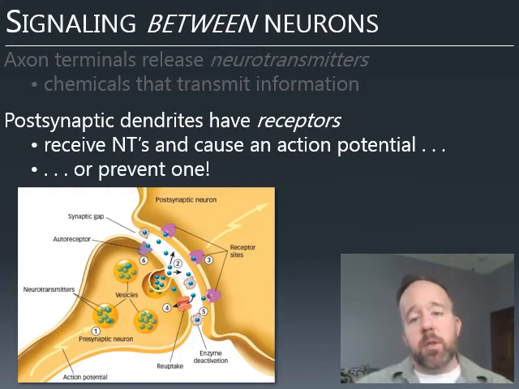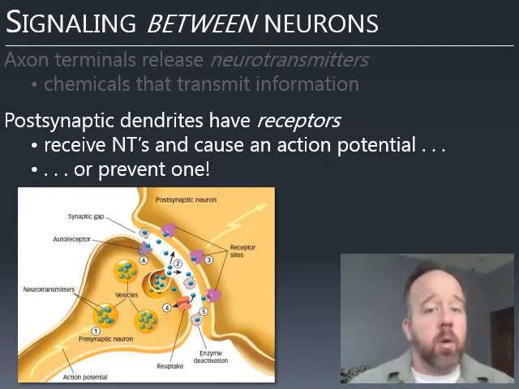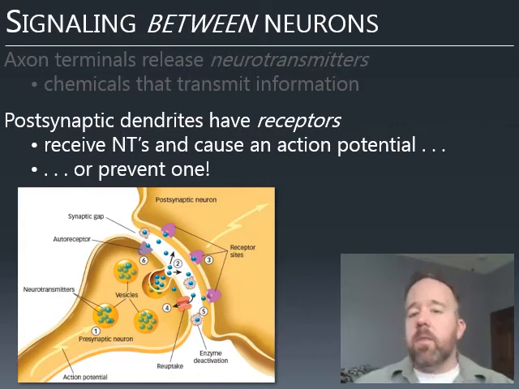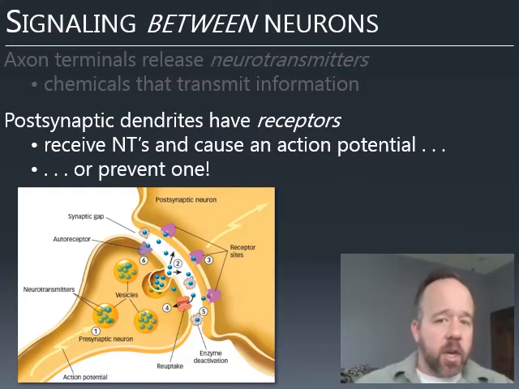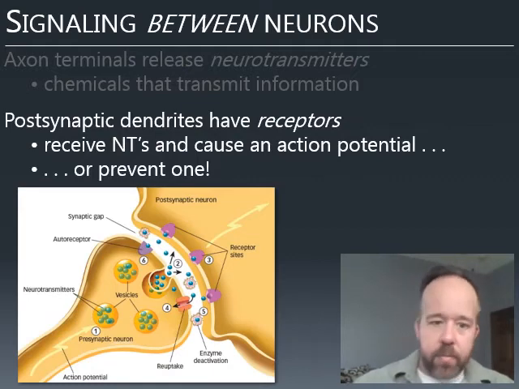So the postsynaptic neuron collects all the information together, adds sort of the no votes and the yes votes, the inhibitory and excitatory signals it's getting, and then itself either fires an action potential or not. So it has to add all that information together in the cell body. But this chemical transmission isn't always telling the next neuron to fire. Sometimes it's telling it not to fire an action potential.